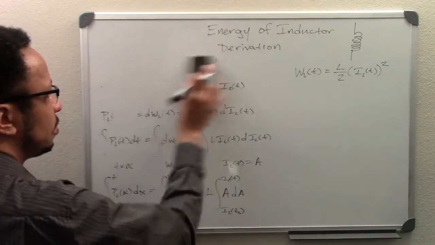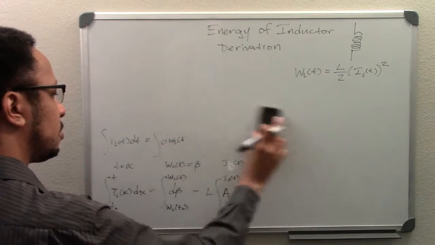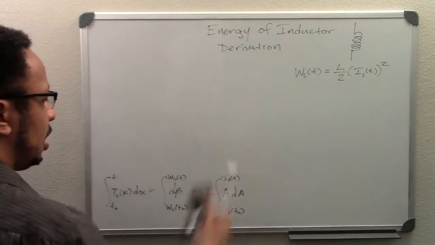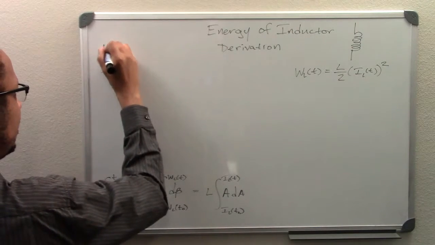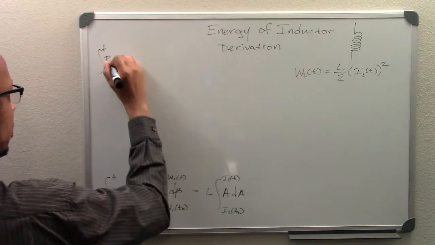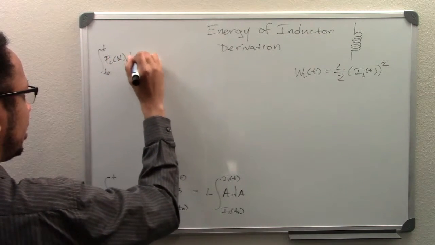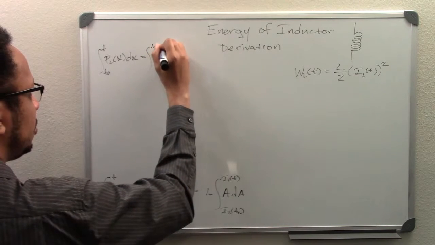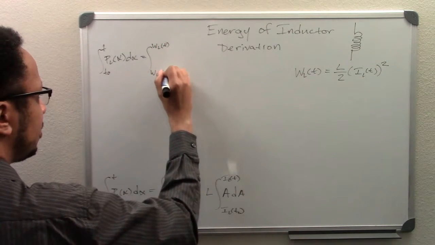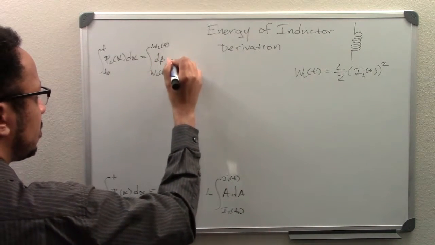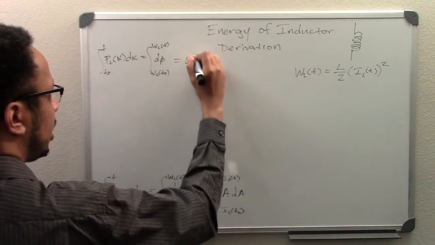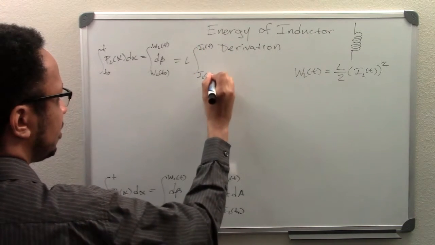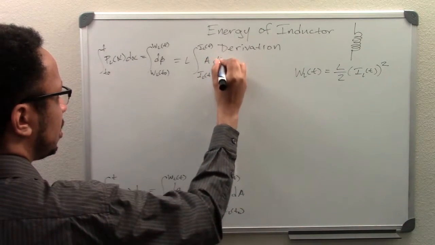So, free up some room here. And now we'll restate this: the integral between t sub 0 and t of p_L(alpha) d alpha equals the integral from W_L(t sub 0) to W_L(t) of d beta, which is equal to L times the integral from i_L(t sub 0) to i_L(t) of A dA.